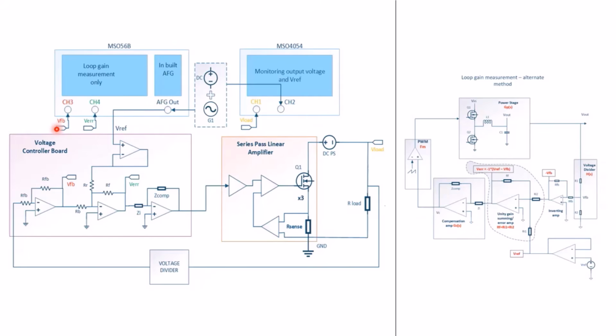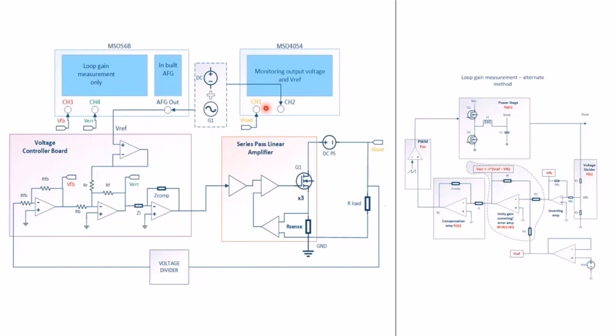I am monitoring V feedback on channel 3 and V error on channel 4 on the scope MSO56B. It also has an inbuilt arbitrary function generator, which I'll be using to provide my reference signal to this voltage controller board.